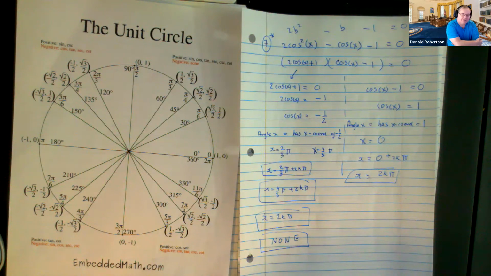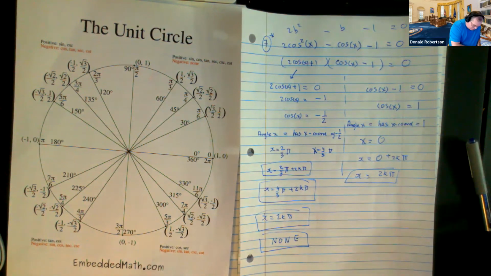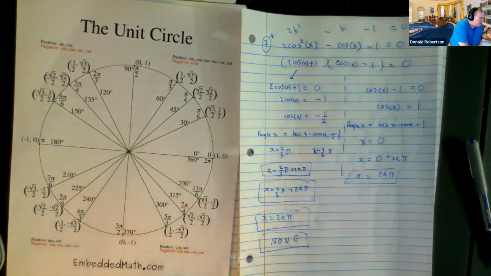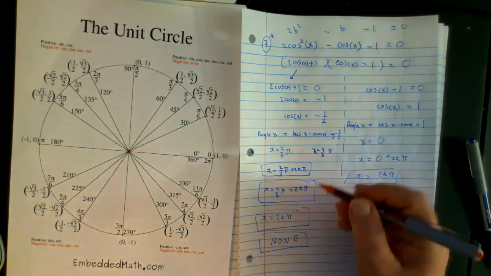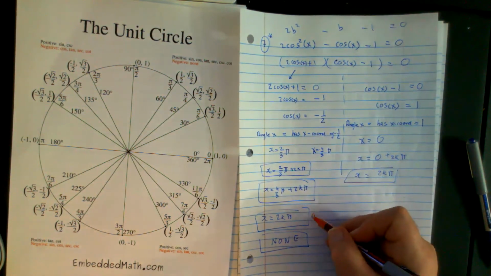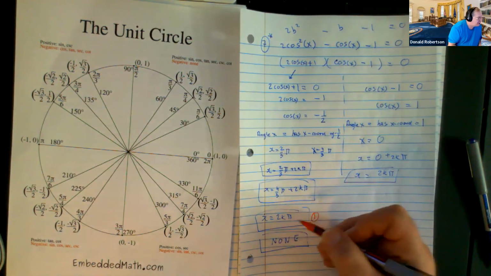And I have made not a mistake in the math. Everything that I've said is correct. But I have made a mistake in the order that you write them down. In WebAssign, you do smallest to biggest. Which one of these 3 is actually the smallest and should have gone on top? 2k pi, because technically, isn't it 0 plus 2k pi, right?